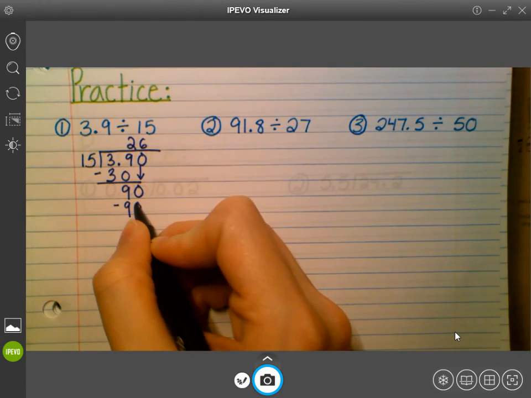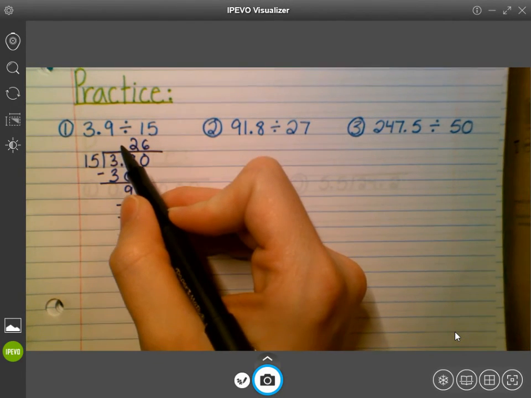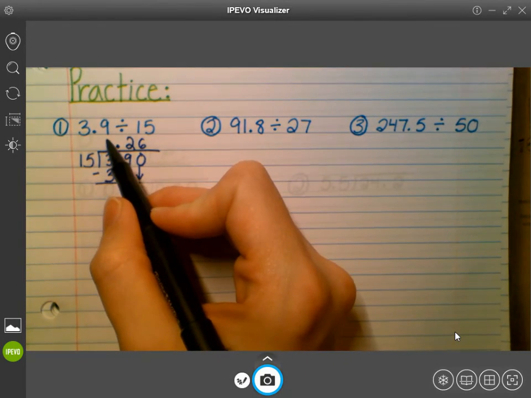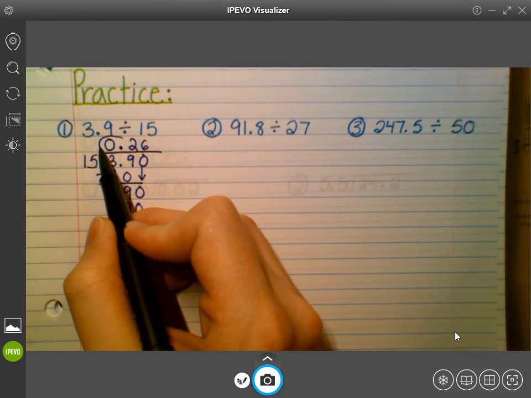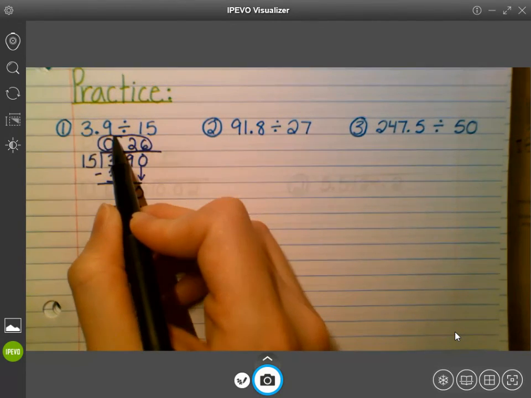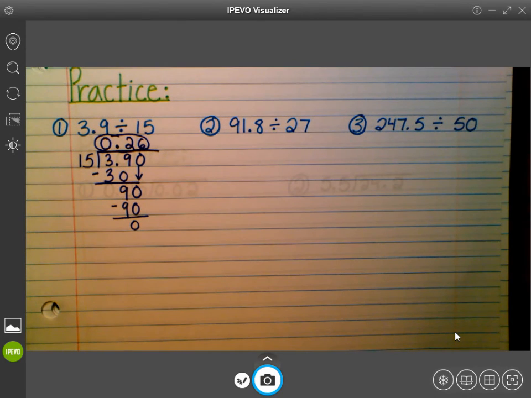So subtract 90, get a 0. I bring my decimal straight up, and then I need to add a 0 in front of it. So 26 hundredths is the answer that I got. How many of you got 26 hundredths for the first problem?